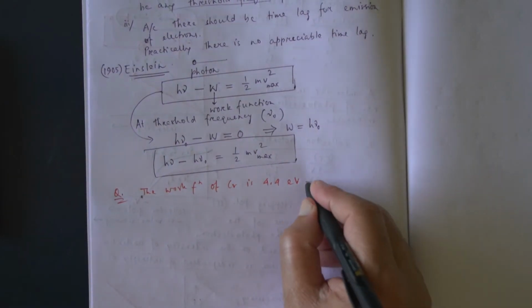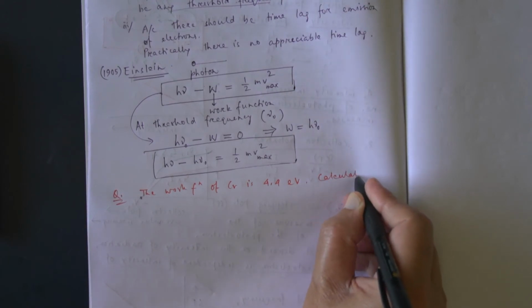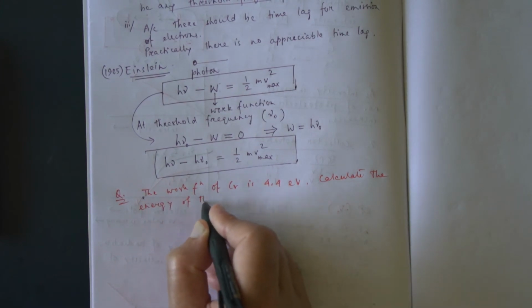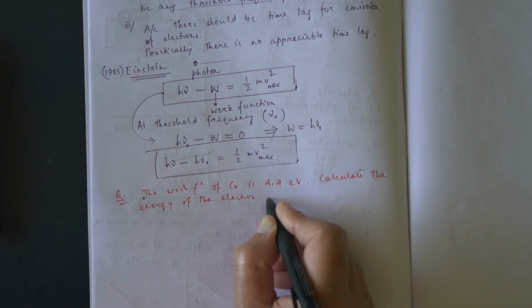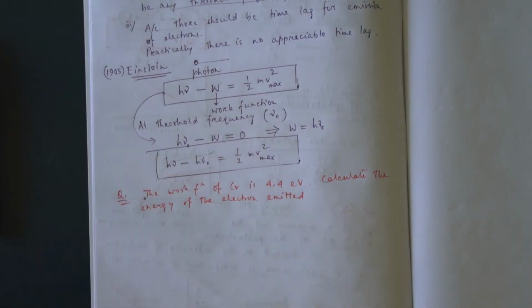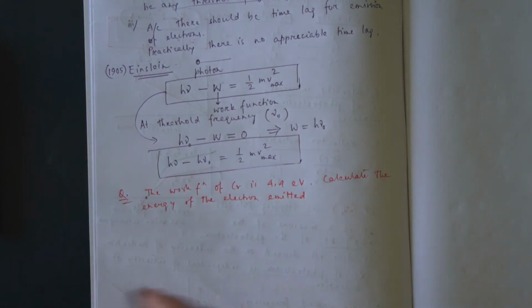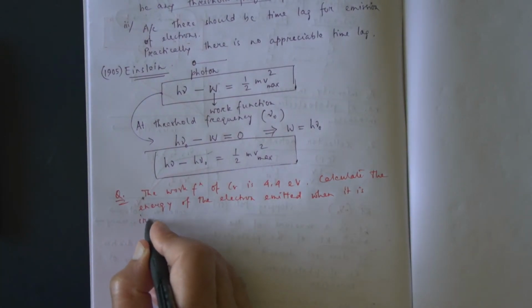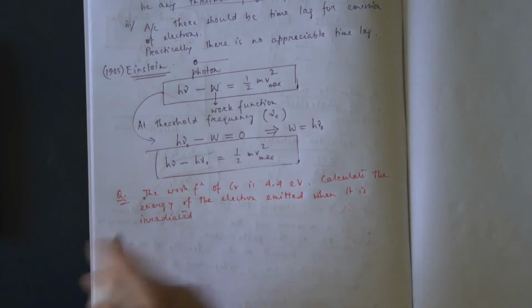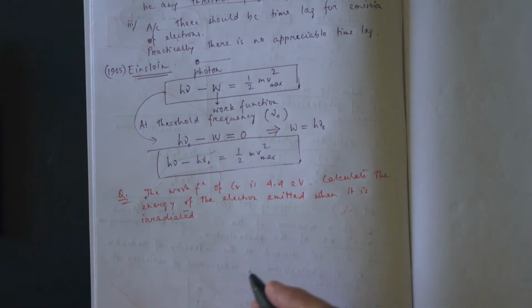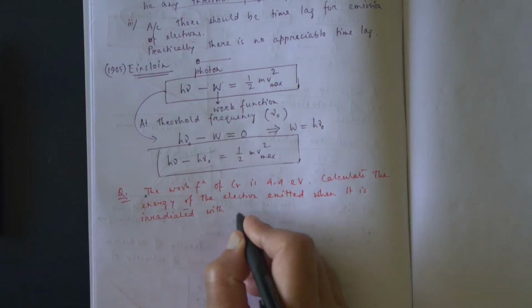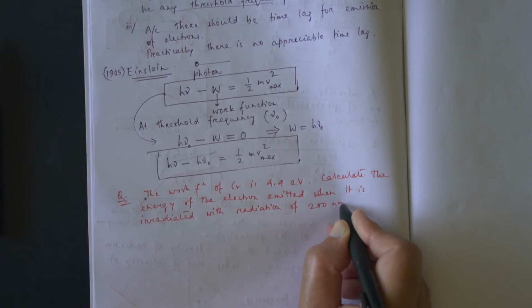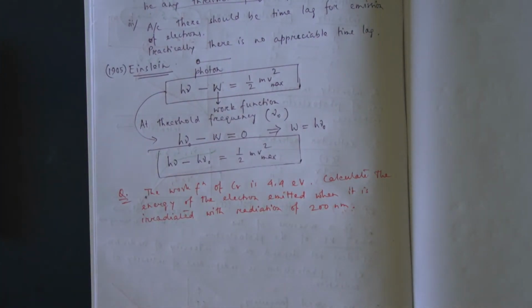Calculate the energy of the electron emitted when it is irradiated with radiation of 200 nanometer. What is the stopping potential?